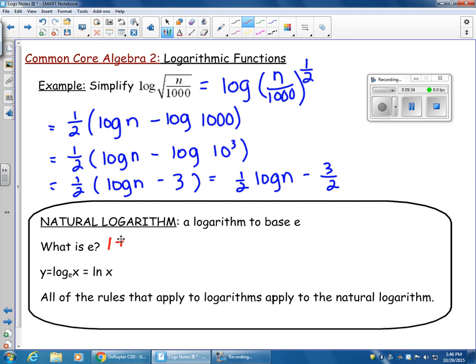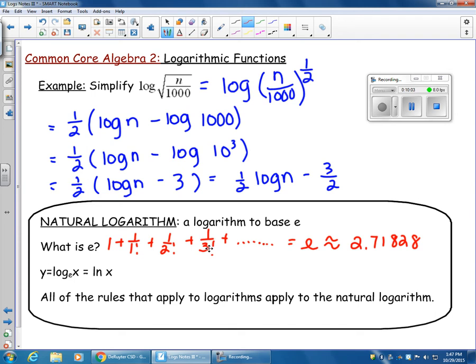So if we take 1 plus 1 over 1 factorial plus 1 over 2 factorial plus 1 over 3 factorial and keep going forever, if you add those numbers up, that's where e comes from, which is approximately 2.71828. It's an irrational number.